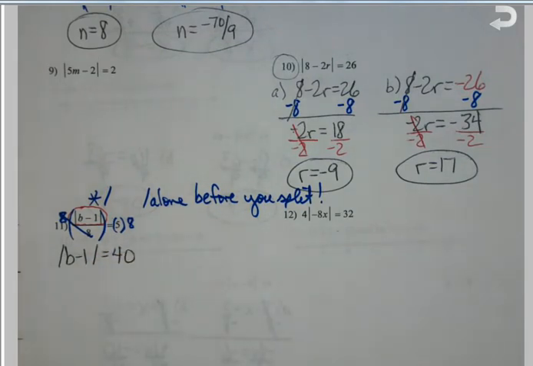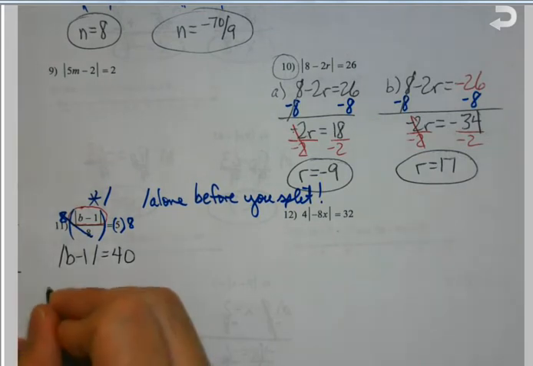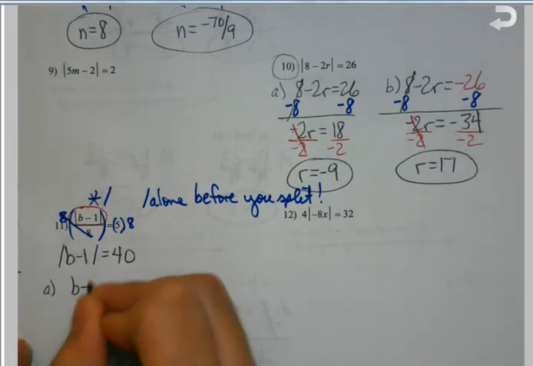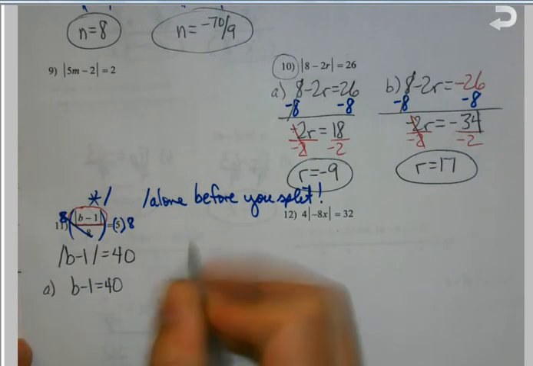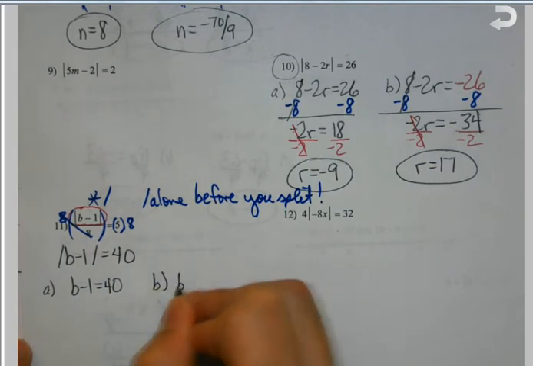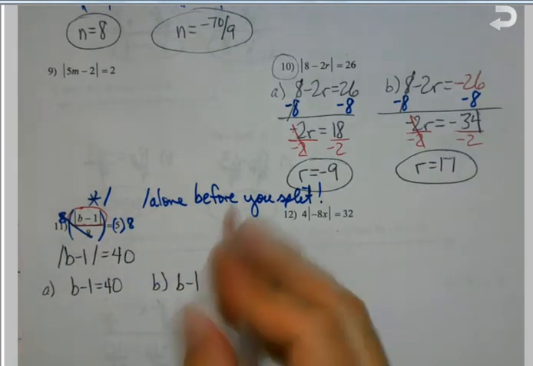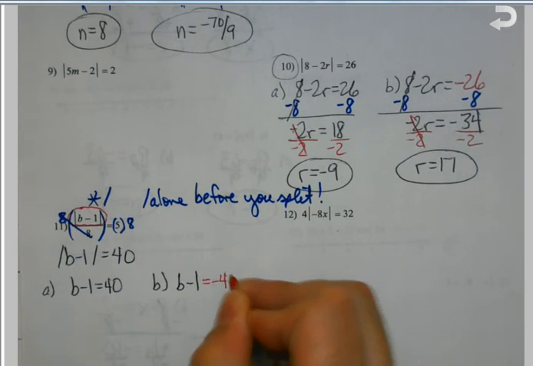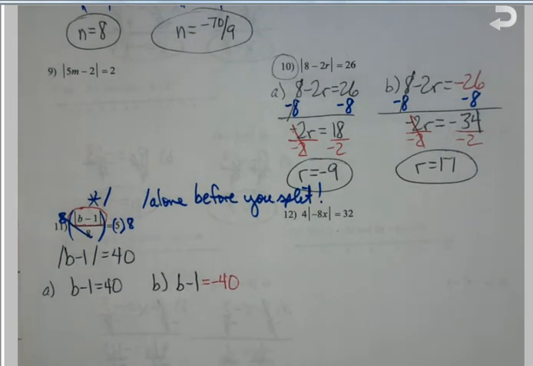Now it looks like the other ones we've been doing. Now the absolute value is on a side by itself. So now I'm ready to split them in half. And again, the only difference is that the second one gets its sign switched.